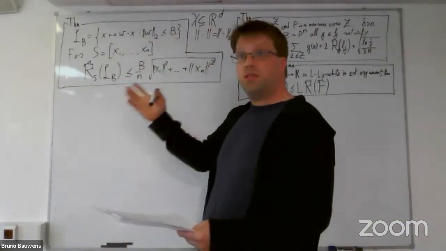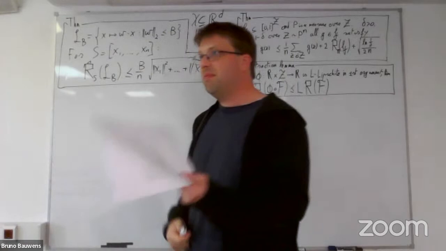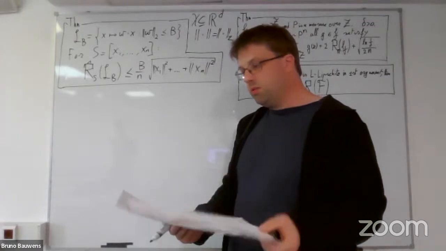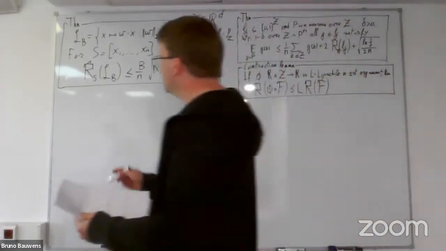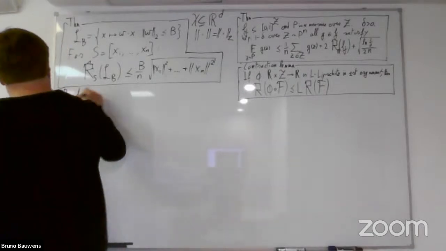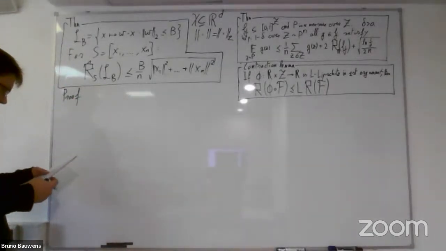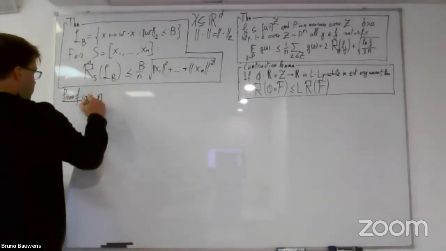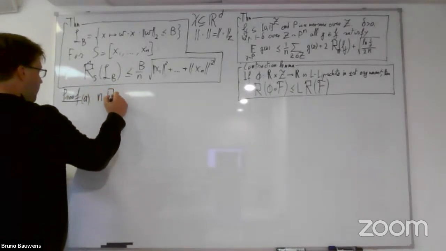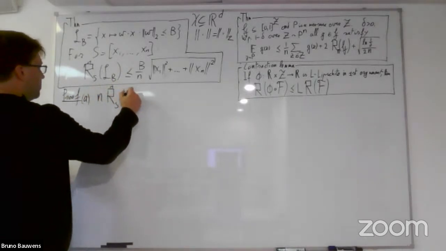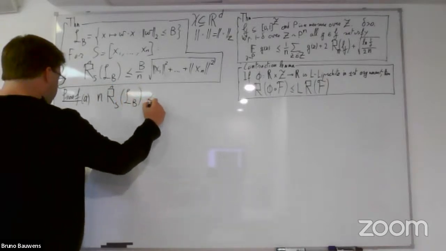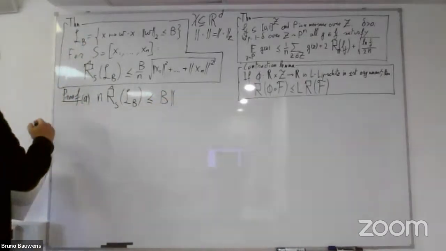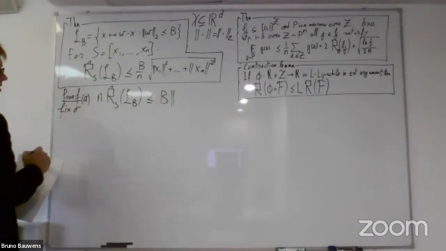And so we can start the proof of the theorem about empirical Rademacher complexity. There are 2 steps. First step, and I guess I should stand on this side so it's more clear. Step A: we will look at n times the Rademacher complexity that we want, and we will say that it's smaller than B times something. So in the proof, let's look at a fixed sigma.